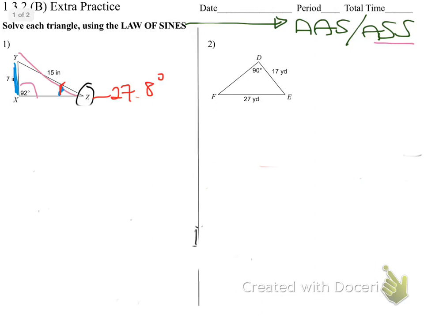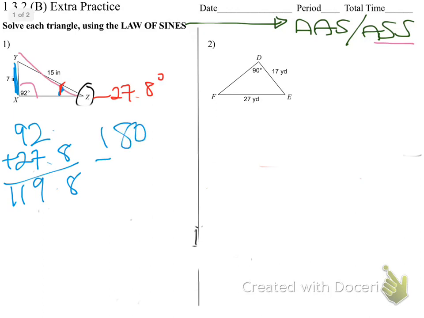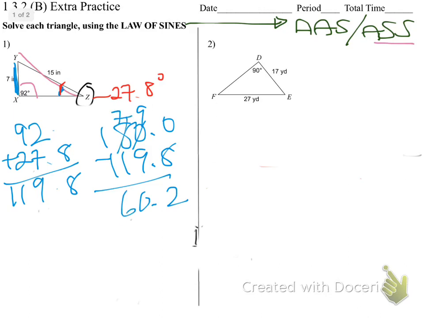Now, it's really easy to find the remaining angle because we know that the sum of the three angles in a triangle add up to 180. So 92 plus 27.8 is 119.8, and then 180 minus 119.8 is going to be 60.2.